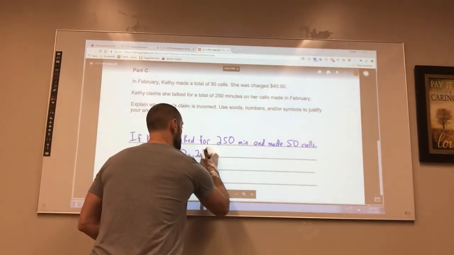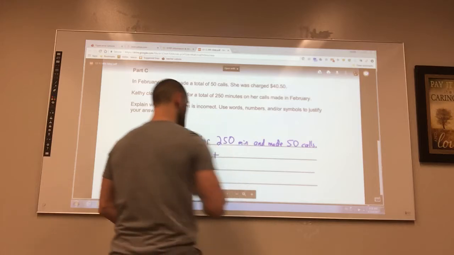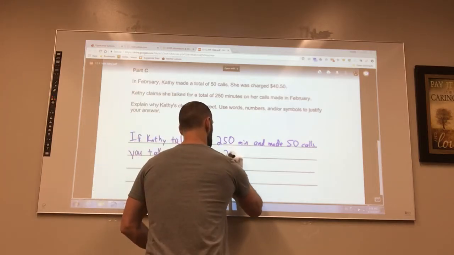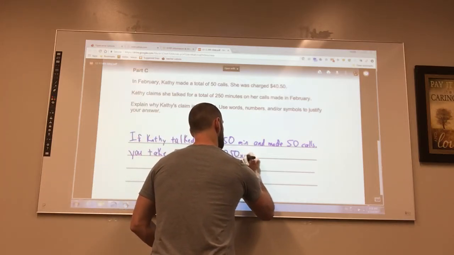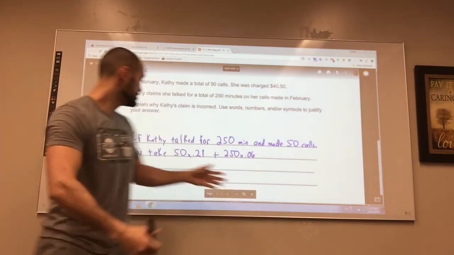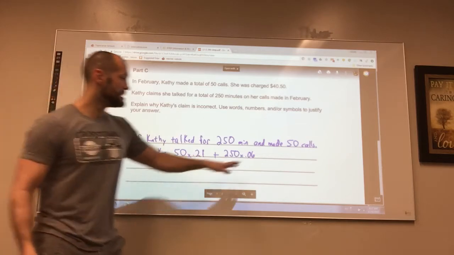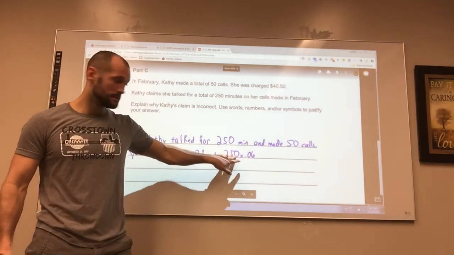We're just using the equation. It's 21 cents per call, and add 250 times 0.06, right? That's the equation that we already know. You take the number of calls times 21 cents and add that with 6 cents times the number of minutes.